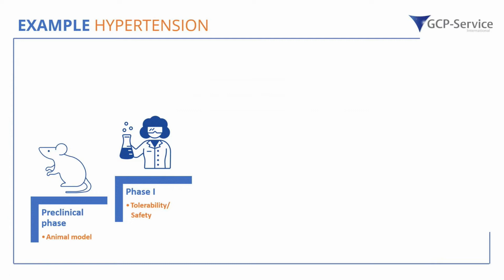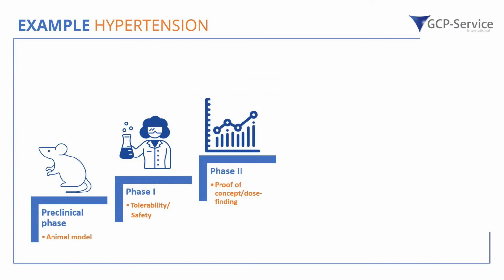When we agree that the drug is safe, then we are more interested in the efficacy and what kind of dose we should use, what the optimal dose is. So we make a proof of concept. Is there really an effect that we can observe, and how high is the effect? And also which dose is the most preferable one.